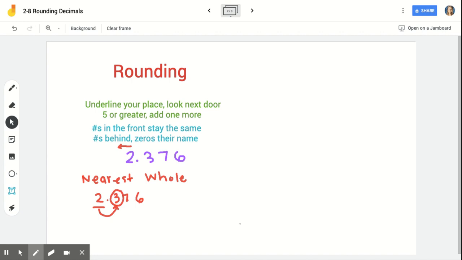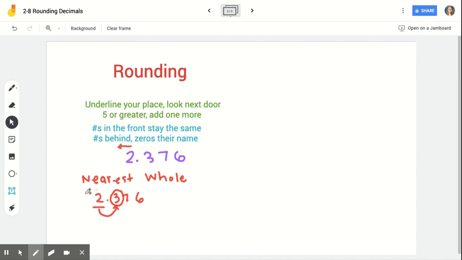And we're asking ourselves some questions about this number 3. Is 3 5 or more, or 4 or less? 3 is less than 5, so it's 4 or less. And it says if it was 5 or greater, we were going to add 1 more. Is 3 greater than 5? No. So the rule is if it's not greater than 5, it just stays the same.